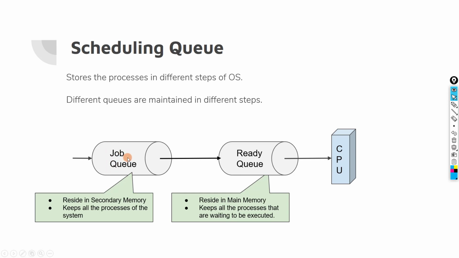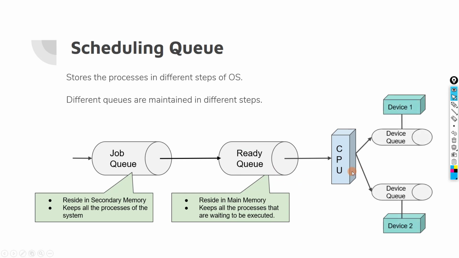So here we have seen two kinds of queues: the job queue is situated in the secondary memory, and the ready queue is situated in the primary memory.